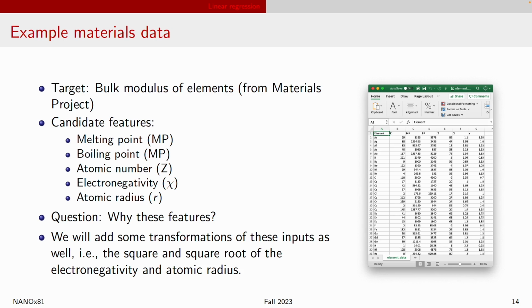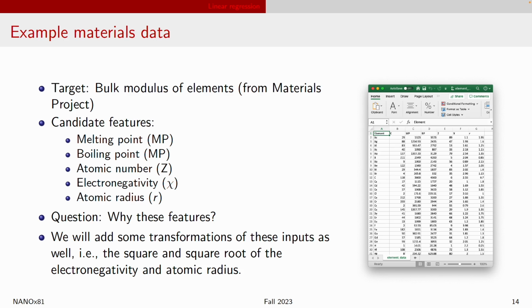I already provided the data inside the GitHub repository. In the materials data that I gave you, the target we want to predict is the bulk modulus of the elements. In other words, I want to predict the bulk modulus of each element from certain other features of the element that I know about.